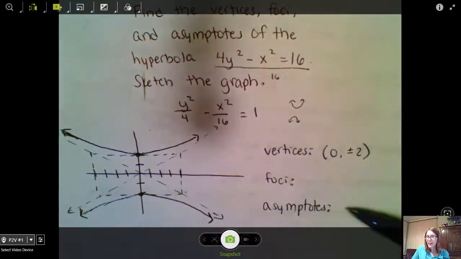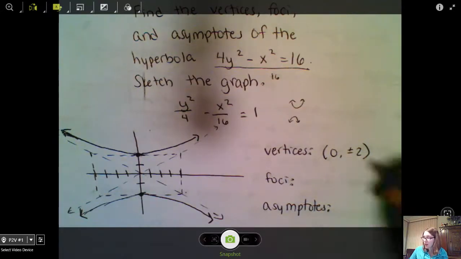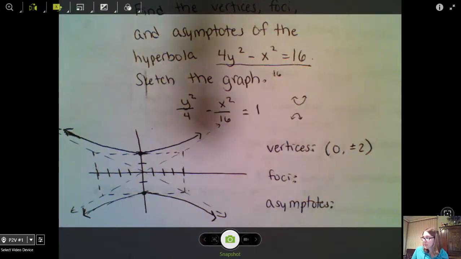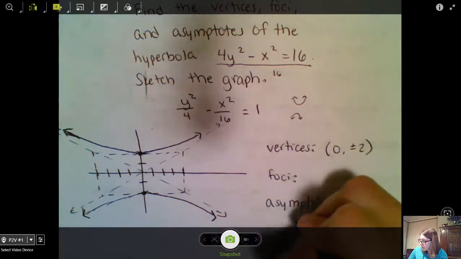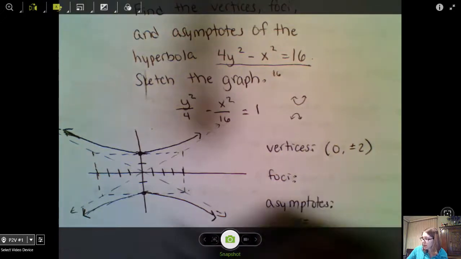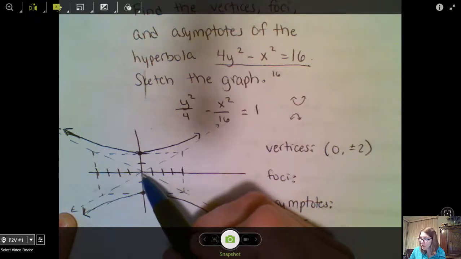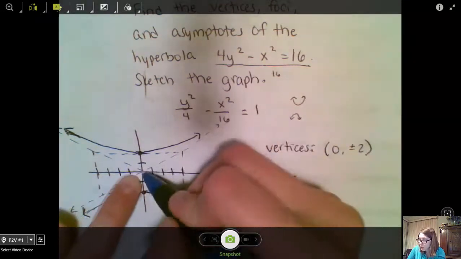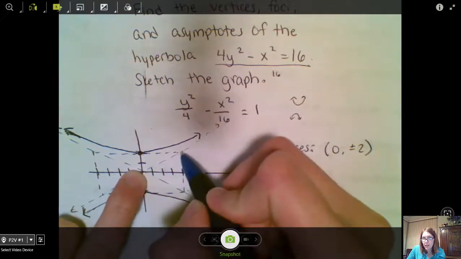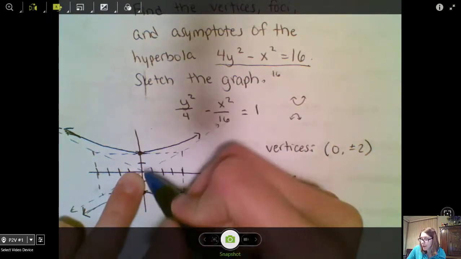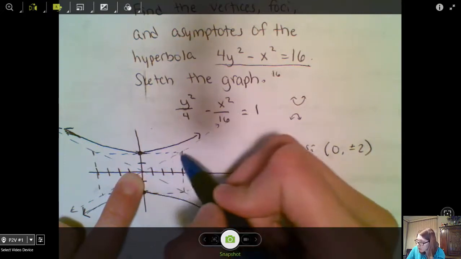Now, when we're asked to find the asymptotes, not only do we want to draw them in, we also want to find the equation of those asymptotes. And that's really not too bad if you remember how to write your equation of a line, y equals mx plus b. For all of these, though, we're going to go through the origin. So diagonal line, y equals mx plus b. B is our y-intercept. Again, we're going through the origin. M is our slope. So looking from our origin to the end of this box here, rise over run, we went up 2, we went over 4.